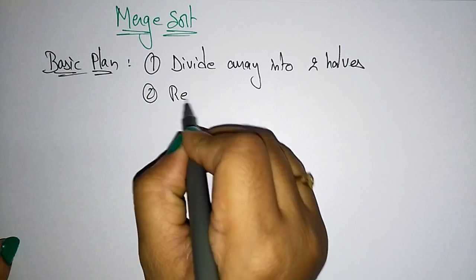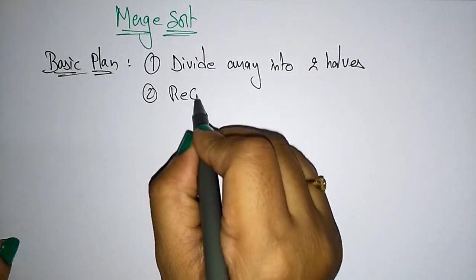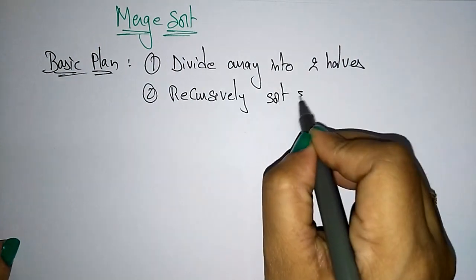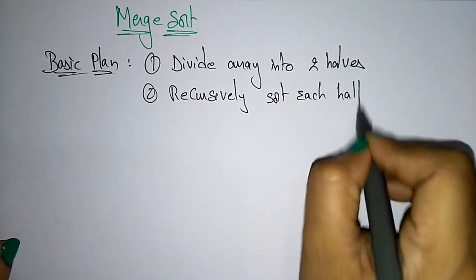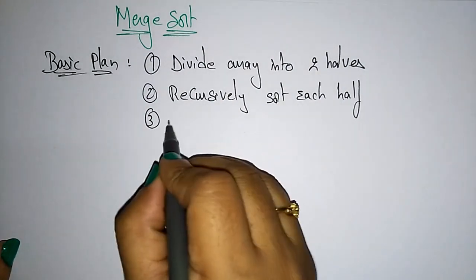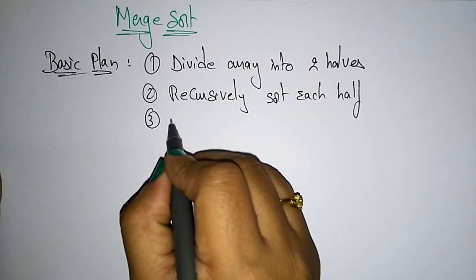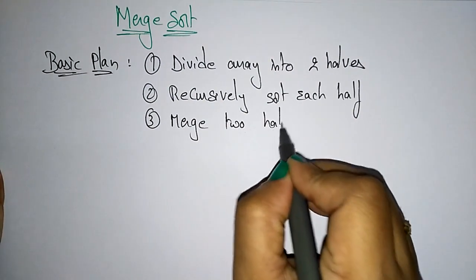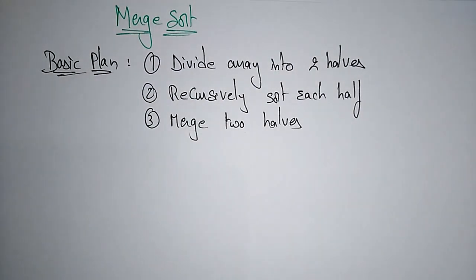Next, it recursively sorts each half. After sorting each half recursively, you will get the sorted halves. And finally you have to merge the two halves. So this is the idea of merge sort.